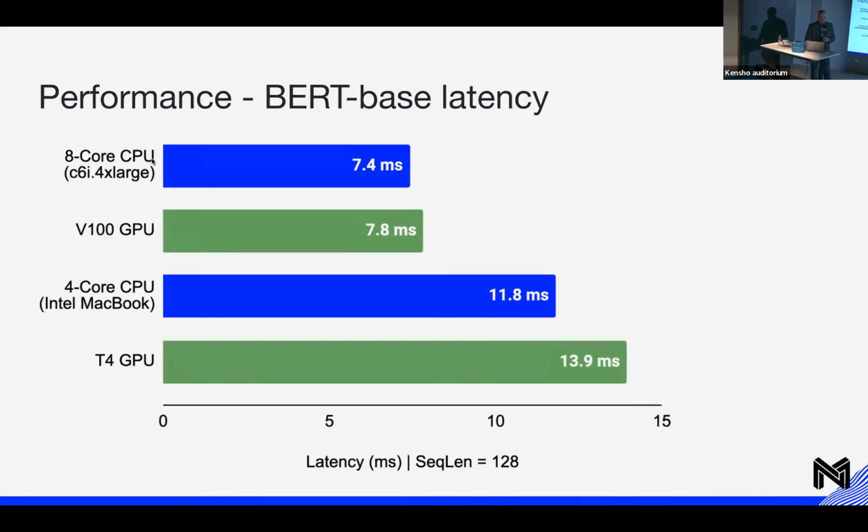So an 8-core CPU is able to beat both the V100 and the T4 GPU in latency, and even a 4-core Intel MacBook. I don't think mine can run it, right, Michael? But taking one of the newer ones that has VNNI on it is actually able to beat a T4 GPU, right? Your MacBook can beat a T4 GPU on BERT.